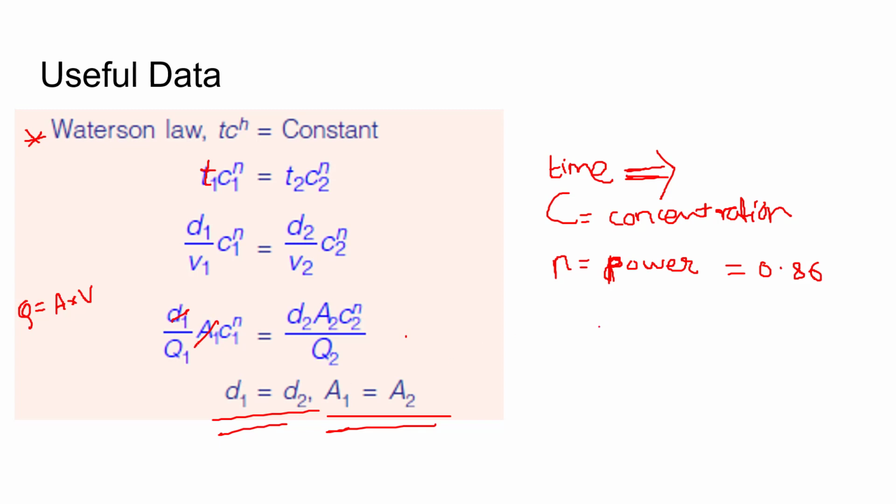What remains is C1 raised to power n divided by Q1 equals C2 raised to power n divided by Q2. In order to solve this, we have to write down concentration 1.